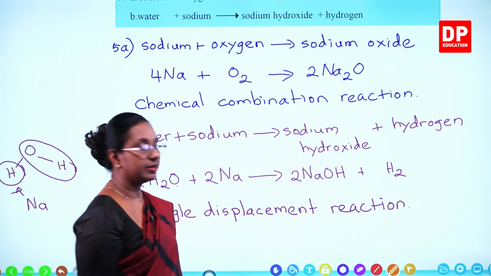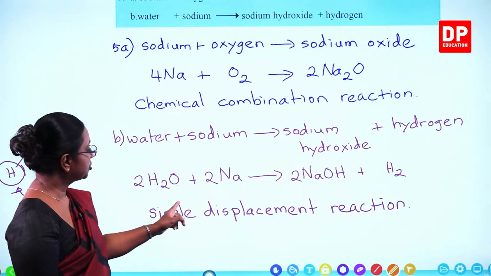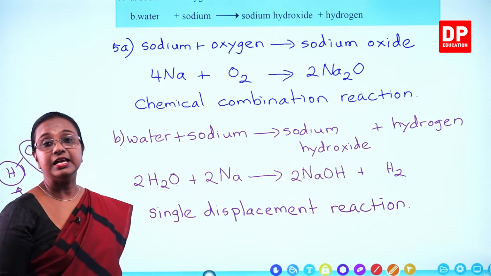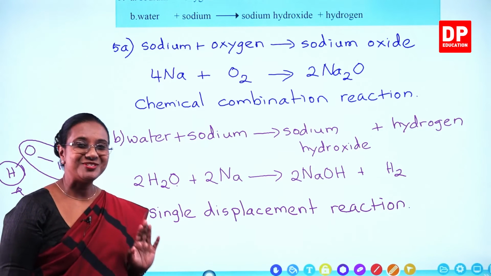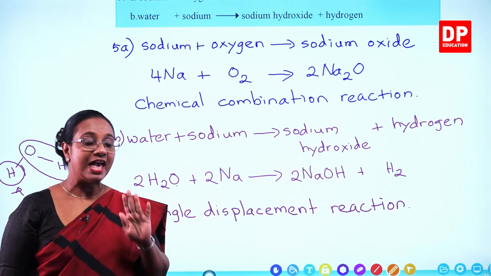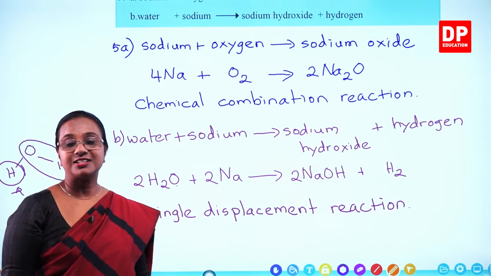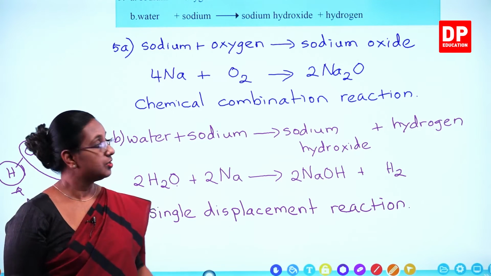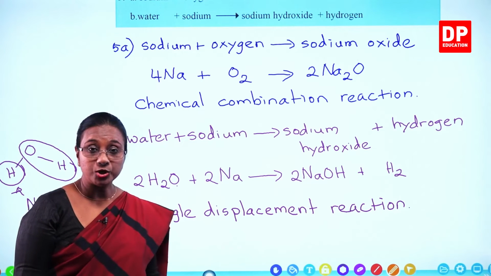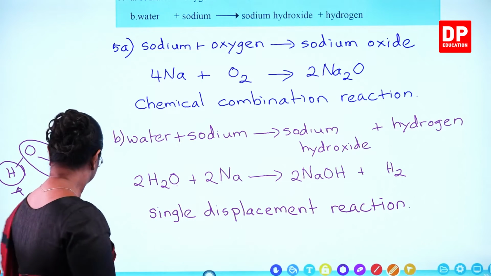Single displacement reaction. 2H2O plus 2Na giving rise to 2NaOH and H2. I am sure you all were also able to write all these equations and identify the reactions correctly. So with that, we have finished the exercise. I will move on to the next slide.